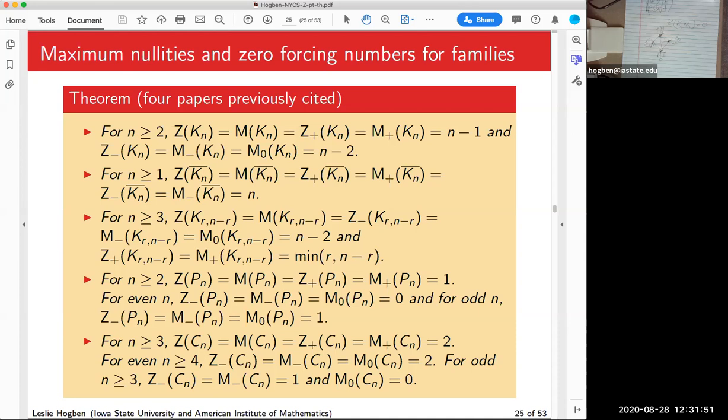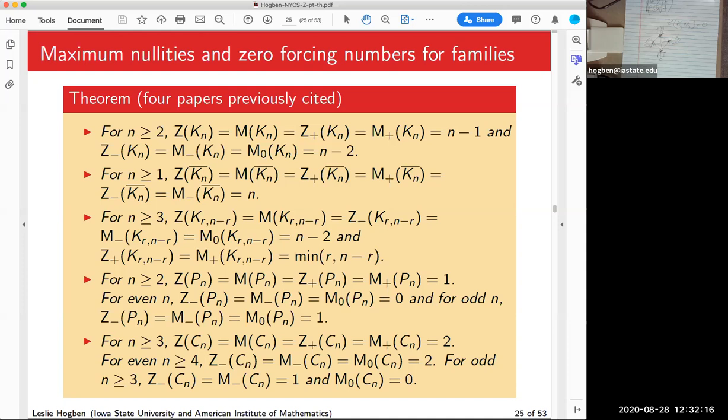They're known for both the 0 forcing number and the maximum nullity and the positive semi-definite and the skew and the hollow. All of those parameters are known for complete, isolated vertices, complete bipartite, path, cycle, and the list goes on.